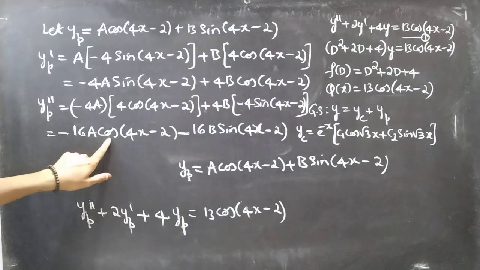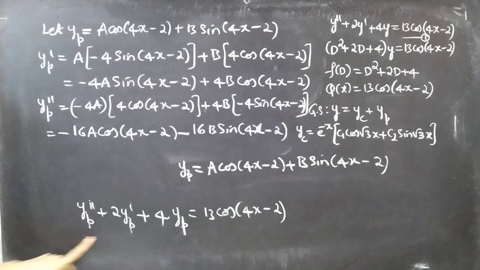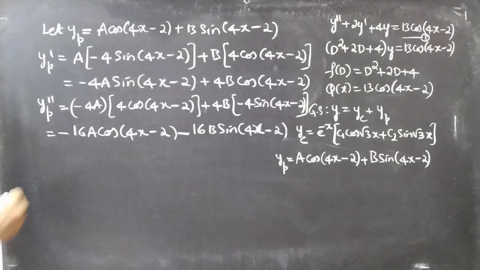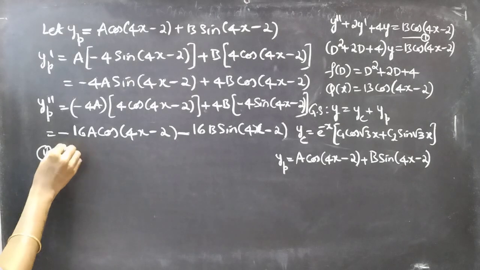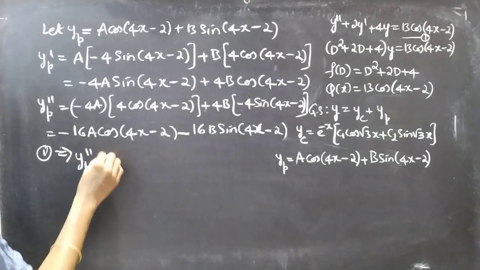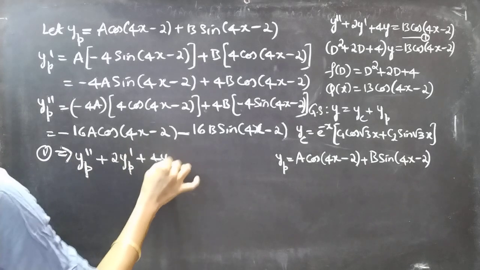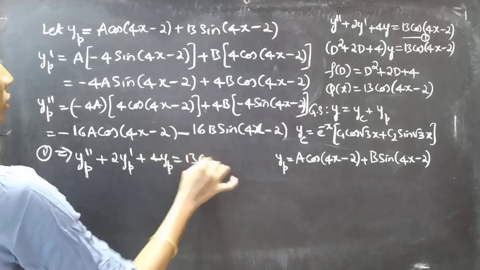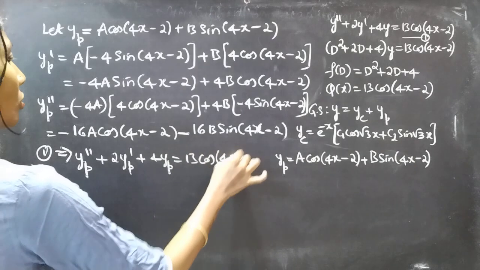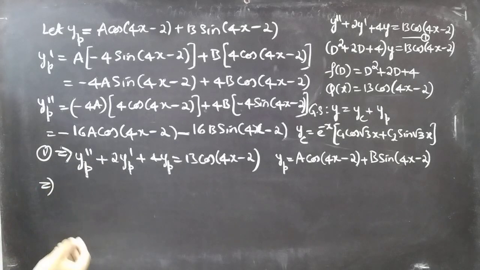We got yp double dash, yp dash, and also we have yp. Now substitute all these three in this equation: yp double dash plus 2 yp dash plus 4 yp equal to 13 cos of 4x minus 2.